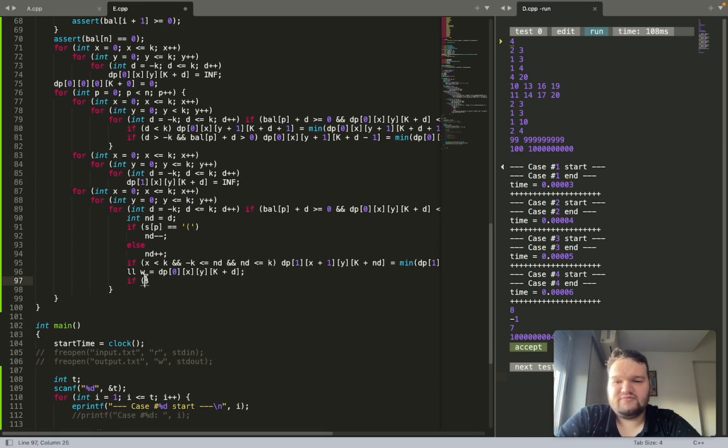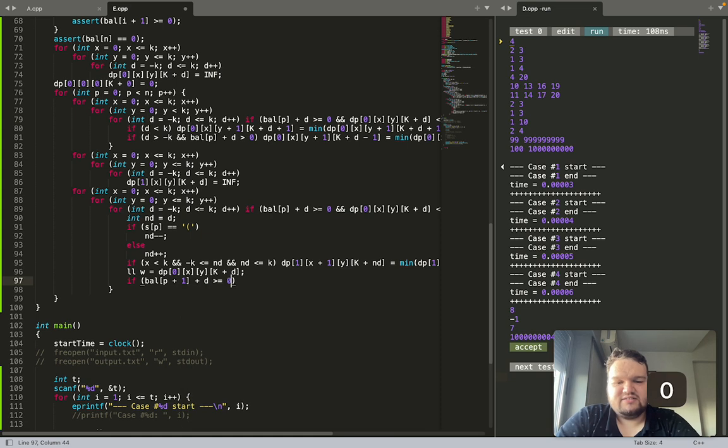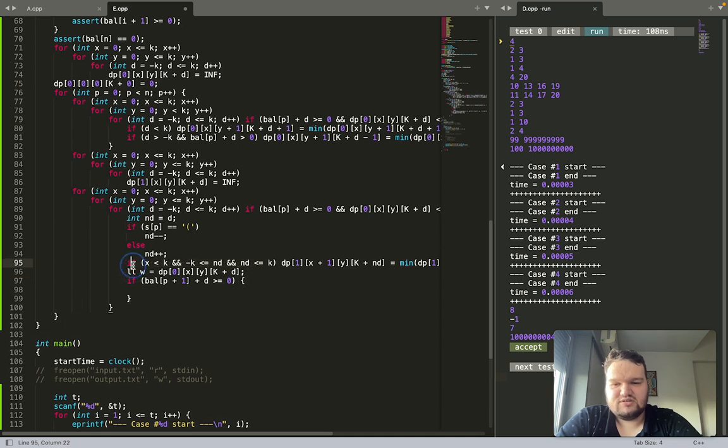So if the balance in position p plus 1 plus shift d, which will not change because we changed our balance and baseline balance by the same value, is non-negative, then we should try doing this transition.